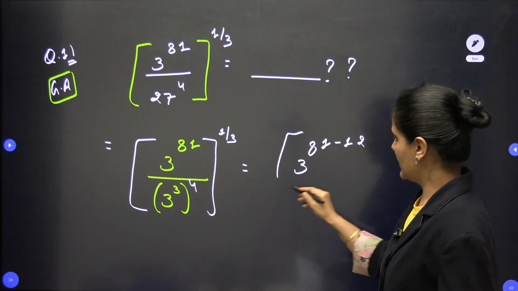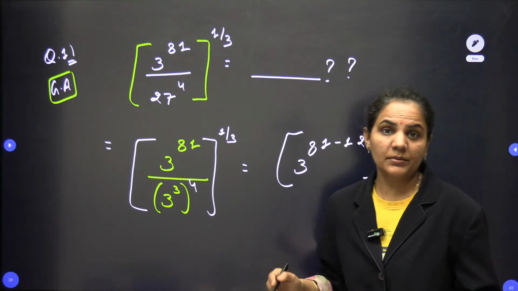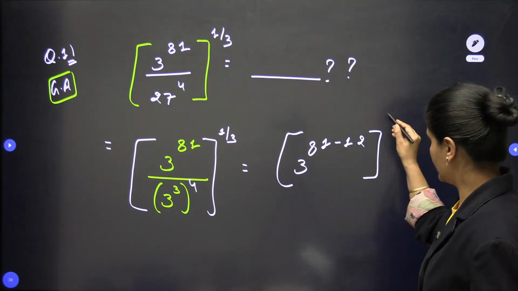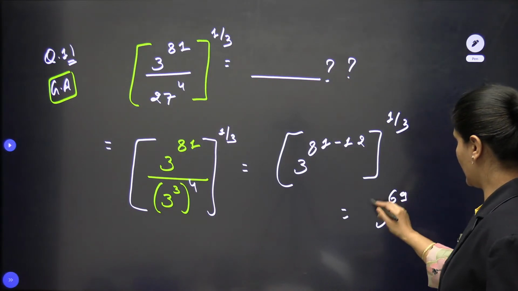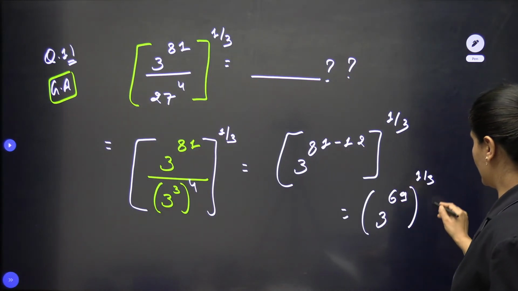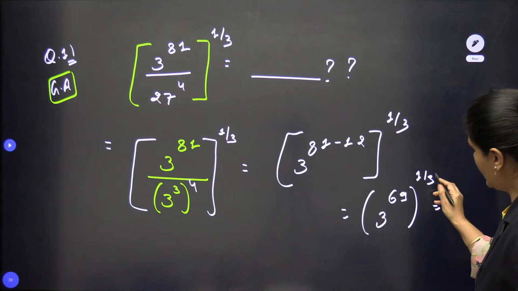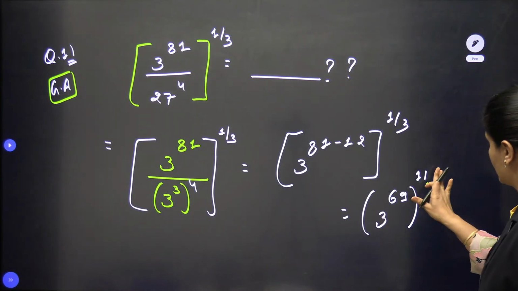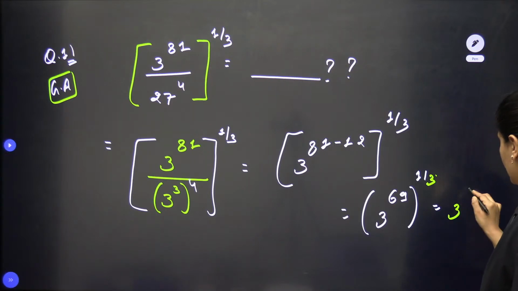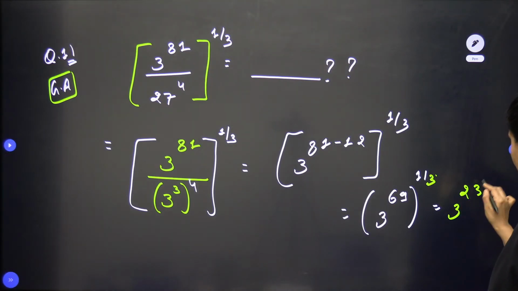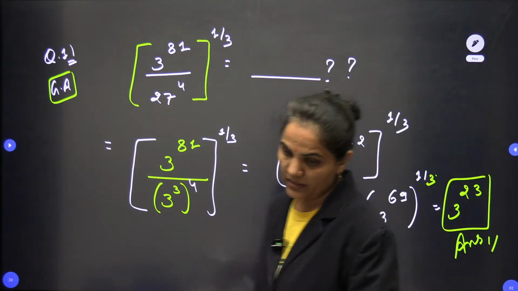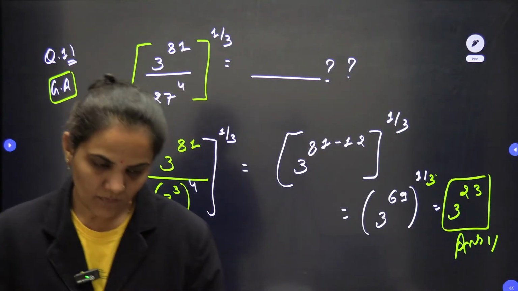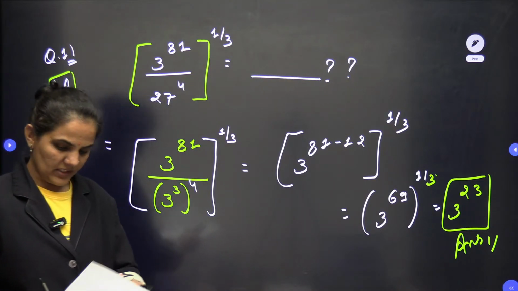When the bases are the same, the powers can be added or subtracted. This is 1 by 3. When you write this, it is 69 and power 1 by 3. When we cancel the 3 times, this should be 3 power 23. The answer should be 3 power 23, guys. Alright, the very first question.